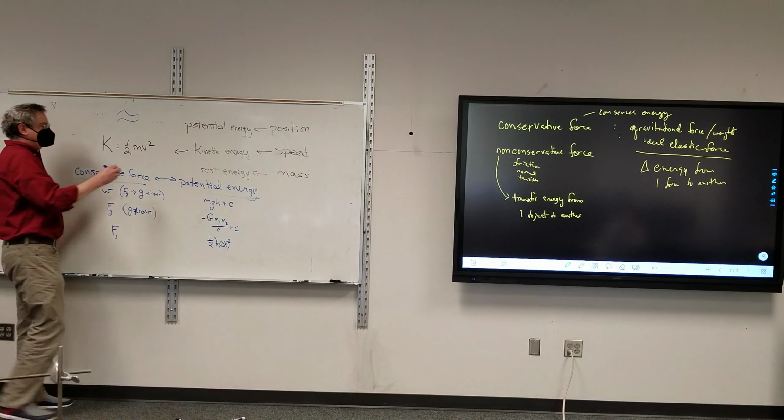Some people will still stick with capital P, capital E for potential energy, and capital K, capital E for kinetic energy, and I know what you mean. But I will use big K and big U for kinetic and potential energy. Rest energy might be the last we ever deal with it. I just wanted it there for completeness. If we get to atomic bombs, rest energy becomes important.